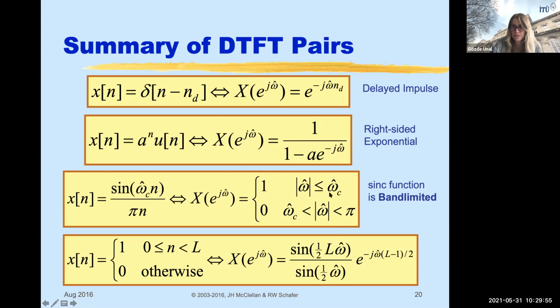In discrete time, the rectangular pulse has this sine over sine, not sinc. In continuous time it was a sinc, but now it's this Dirichlet function, sine over sine. Its form looks very similar to sinc, with a phase shift in the frequency domain, which would normally look like a delay in the time domain.